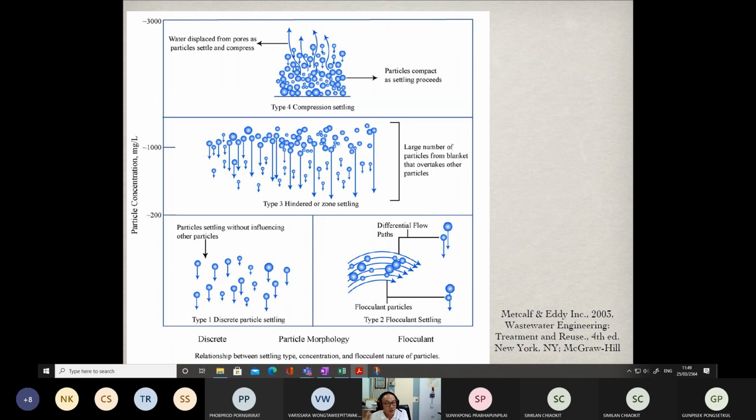This kind of sedimentation will occur in coagulation, flocculation, and of course the secondary sedimentation tank.